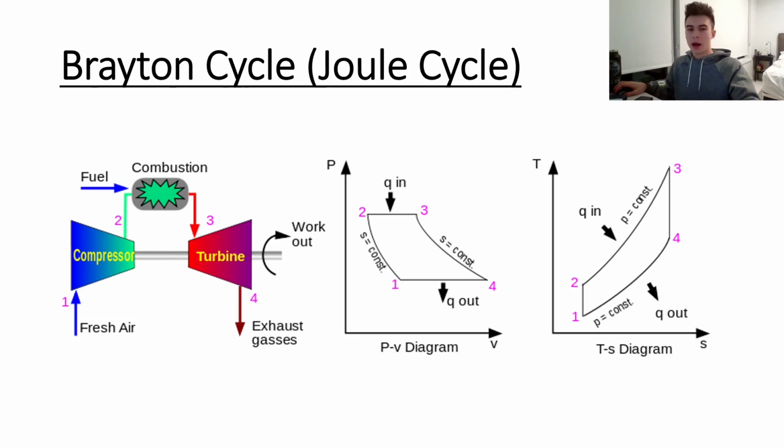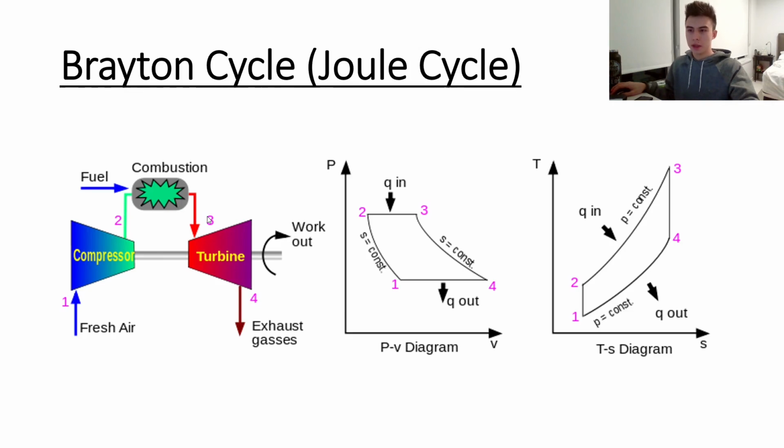In an idealized Brayton cycle, the 4 steps consist of, firstly, an isentropic or adiabatic process happens and the ambient air goes into the compressor, which then pressurizes the air. Secondly, an isobaric process takes place and the compressed air goes through the combustion chamber, which is heated by a fuel.